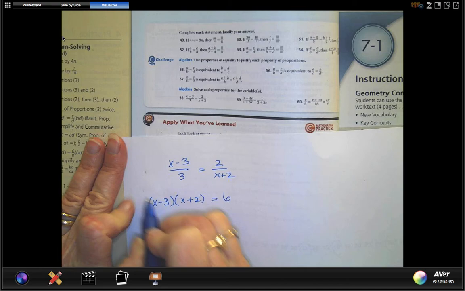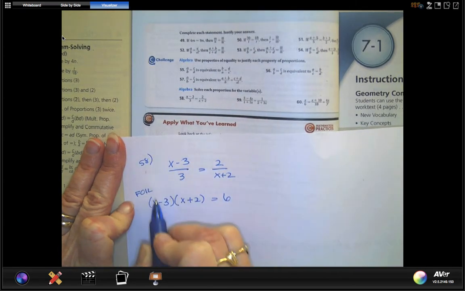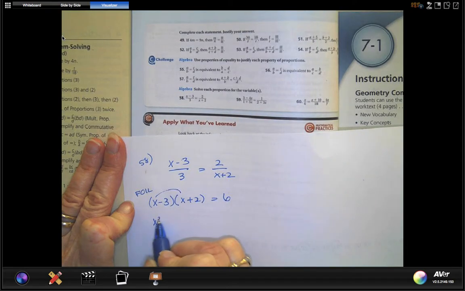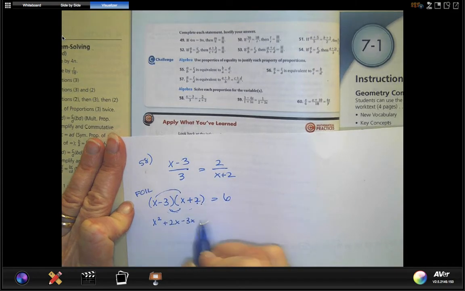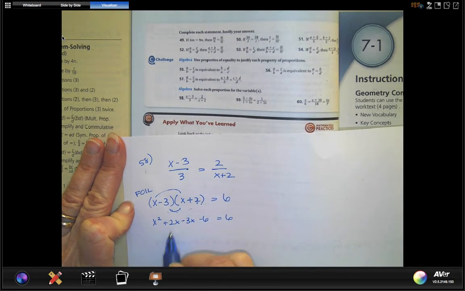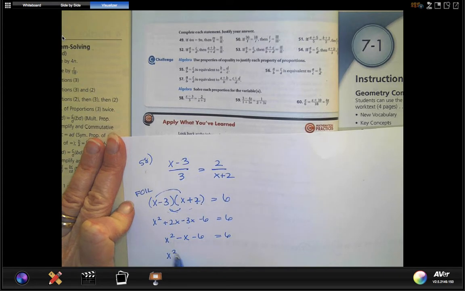All right, don't forget when you see something like this, you need to FOIL. So I have to do the first, the outer, the inner, and the last. I would combine like terms. And then I could subtract 6.